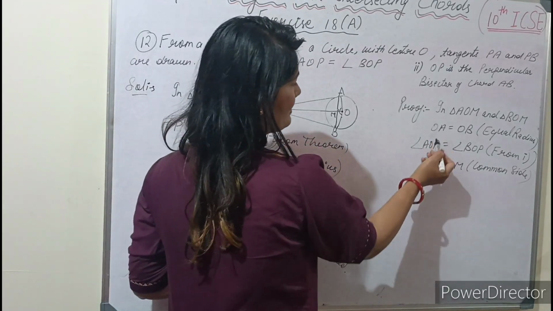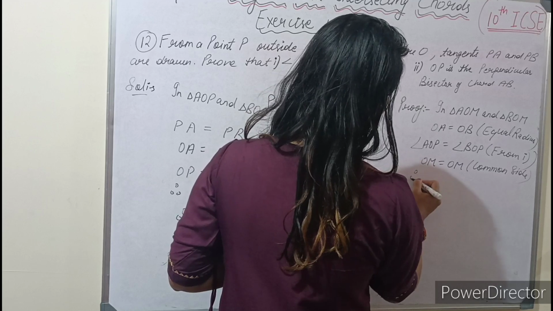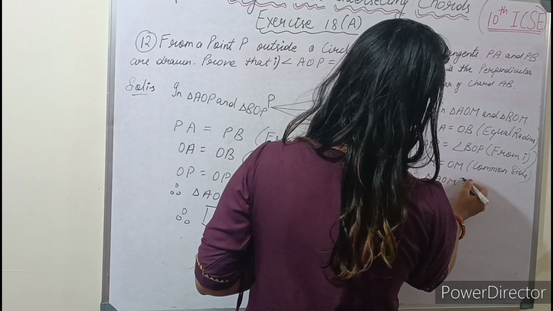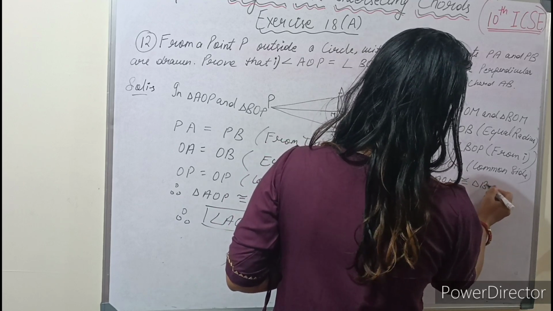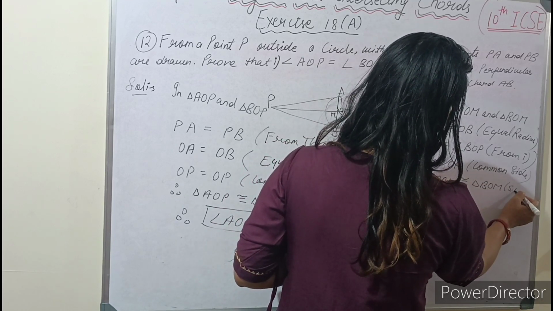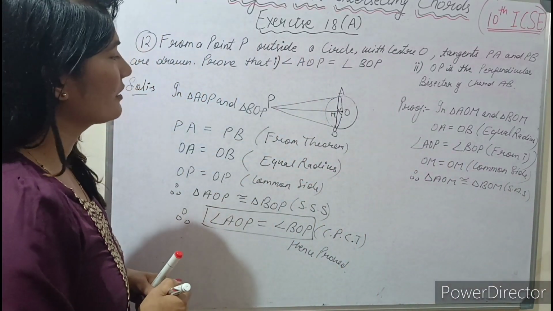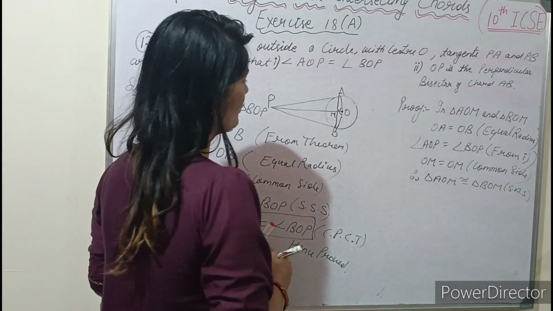You can see here side, angle, side. So therefore triangle AOM is congruent to triangle BOM by SAS congruency. Whenever two triangles are congruent, their corresponding parts are always equal.